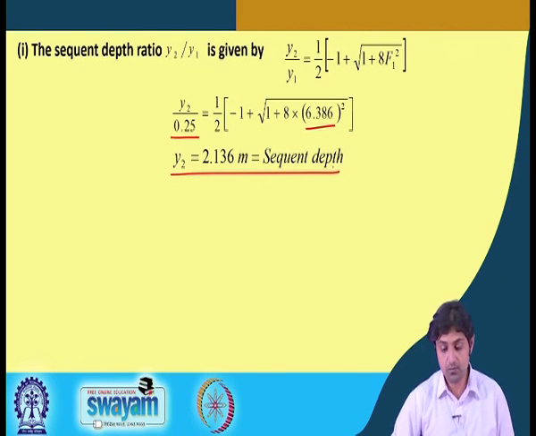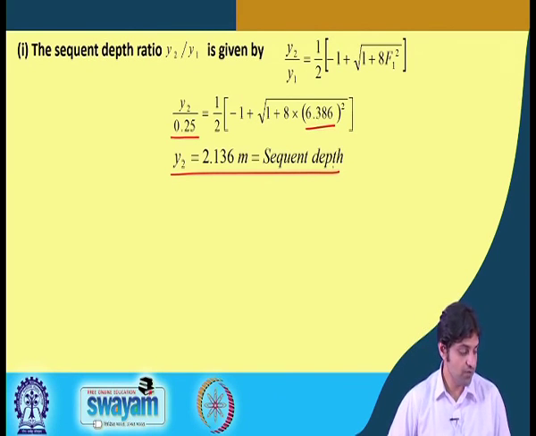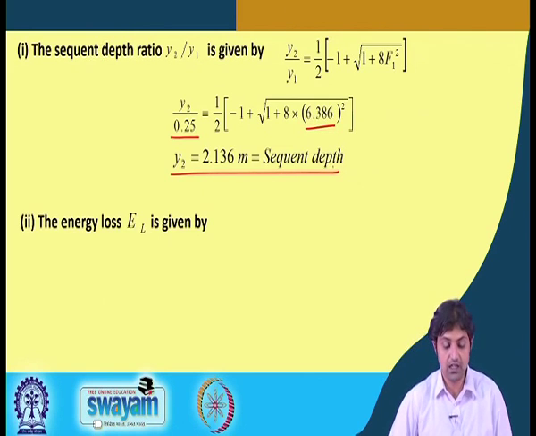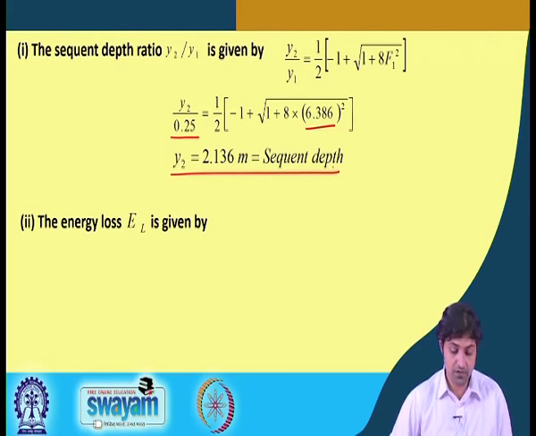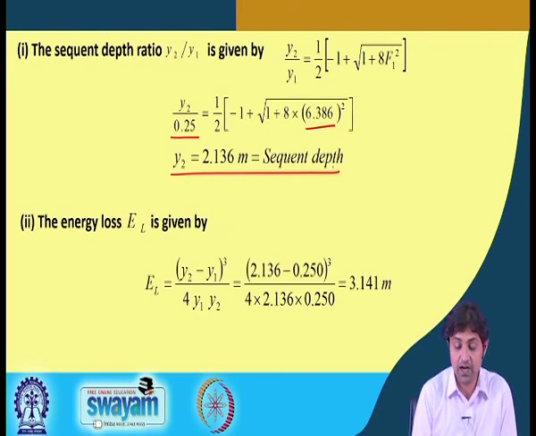And now, the last part is to find the energy loss, EL, and the energy loss EL is given by the formula y2 minus y1 whole cube divided by 4 y1 into y2. We know y2 and we know y1, so we are easily able to find the energy loss.